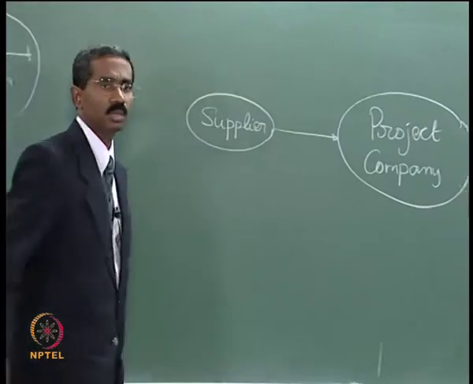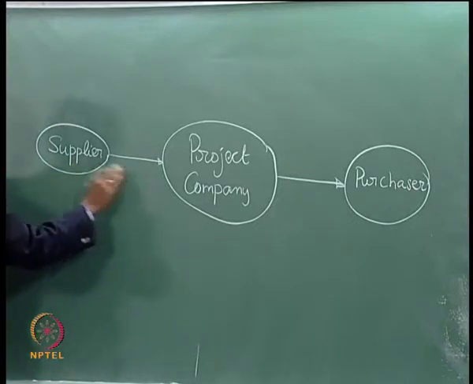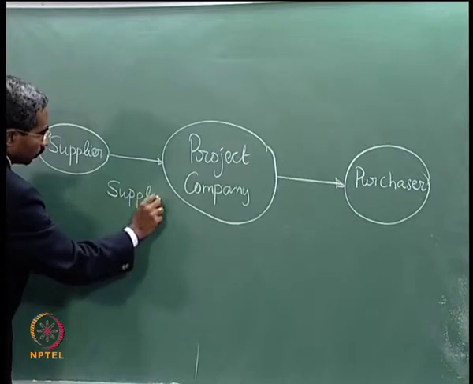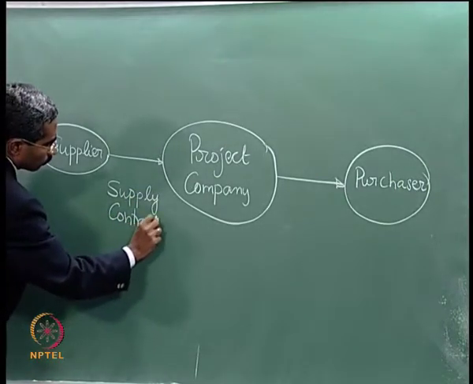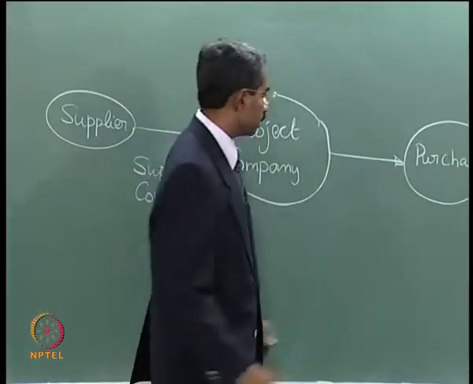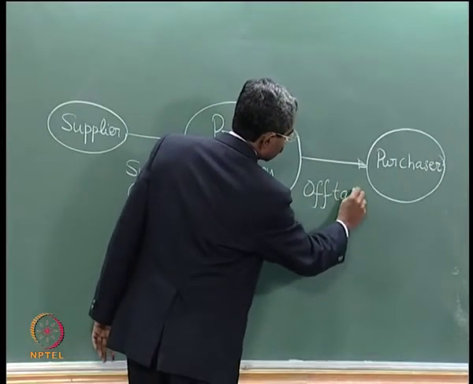Between the supplier and the project company is your supply contract, and between the project company and the purchaser is your offtake contract. We will talk about the offtake contract in a while.